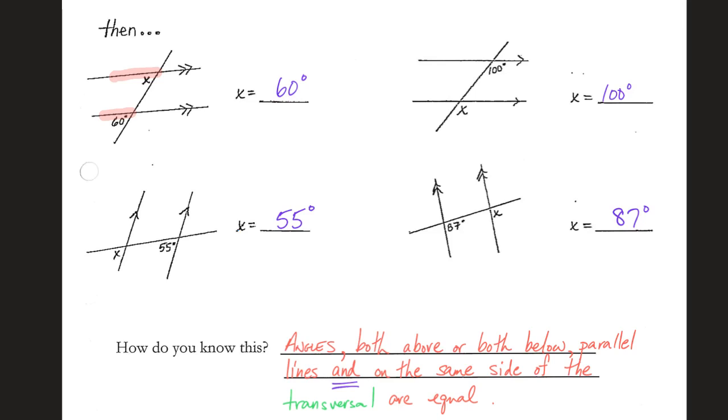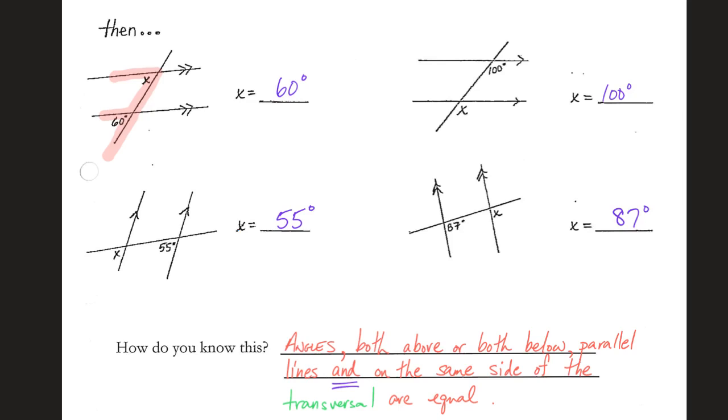Now notice that angle X and 60 degrees are both below the parallel lines. Now, if I highlight the same side of the transversal, so I'm going to highlight the transversal, that has included both angle X and angle 60.